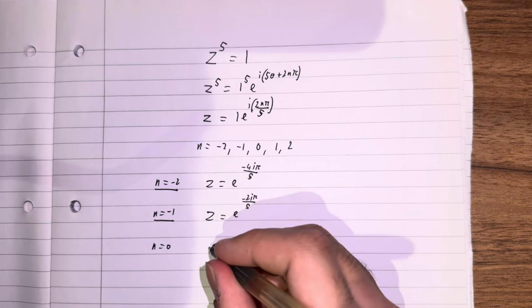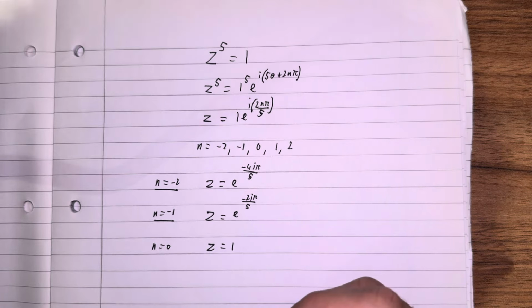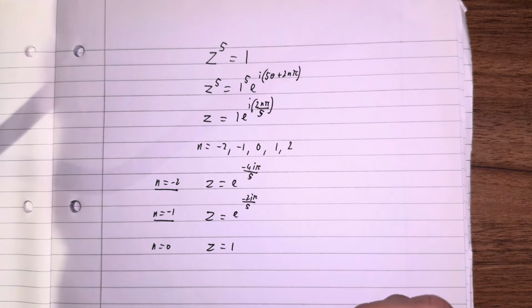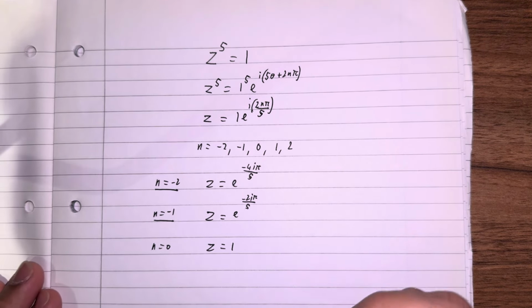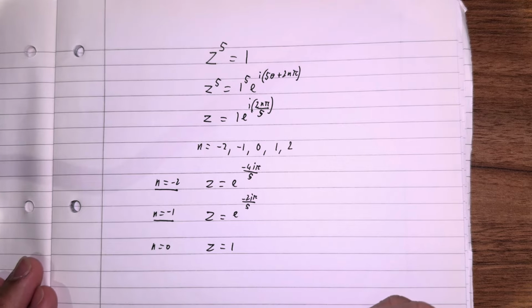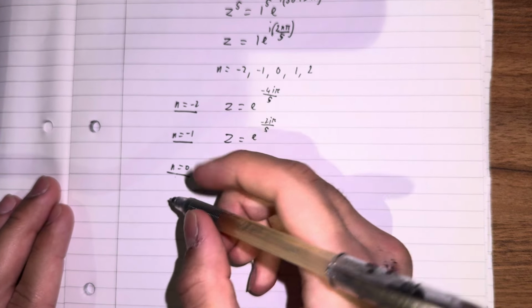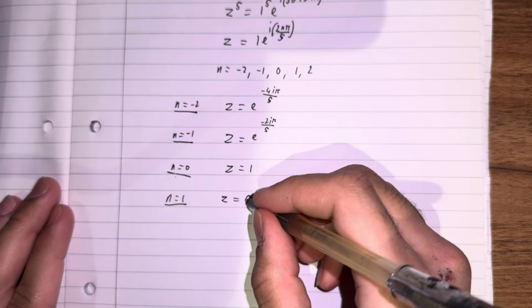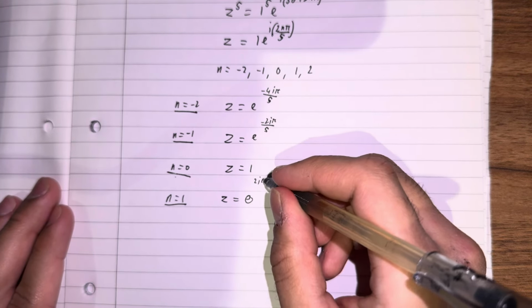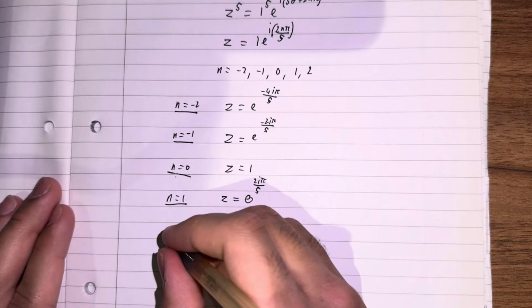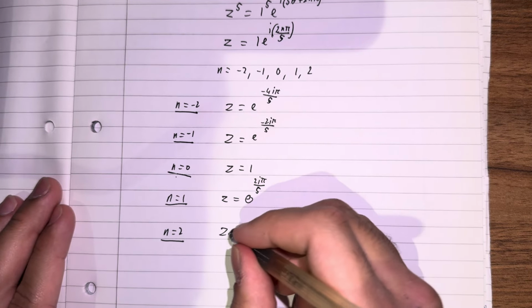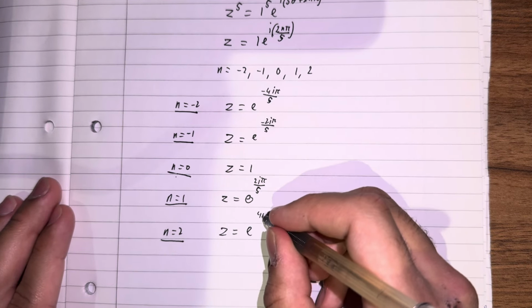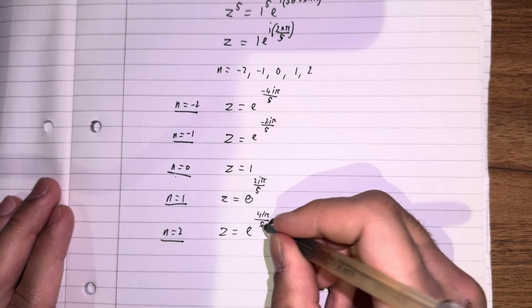N equals 0 gives us z is equal to 1. Again, we expect this because the fifth root of 1 is just 1. For n equals 1, this gives us z is equal to e to the 2i pi over 5. And for n equals 2, z is equal to e to the 4i pi over 5.